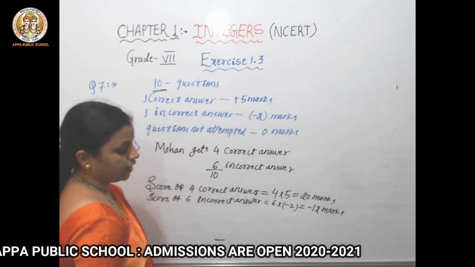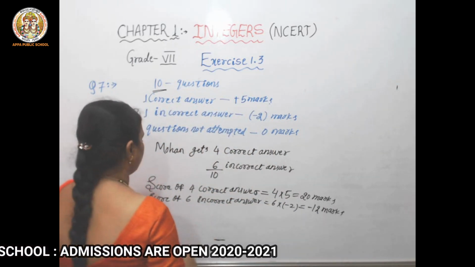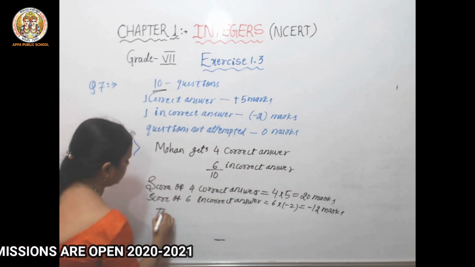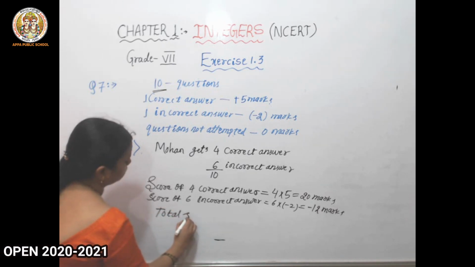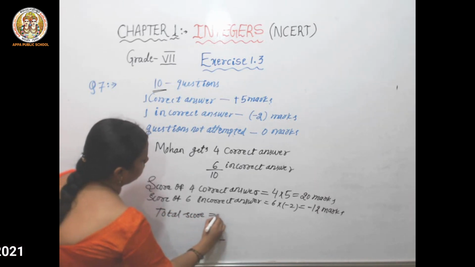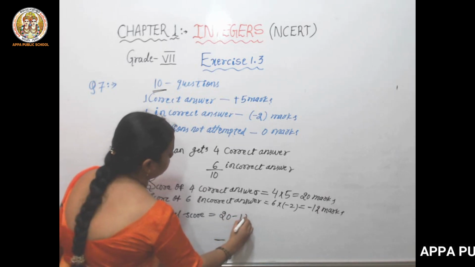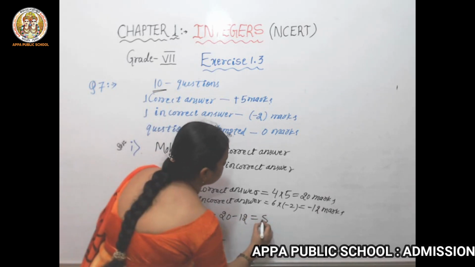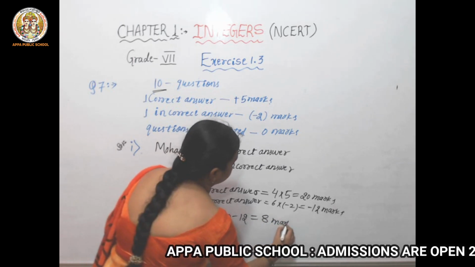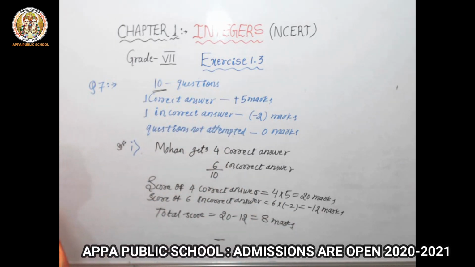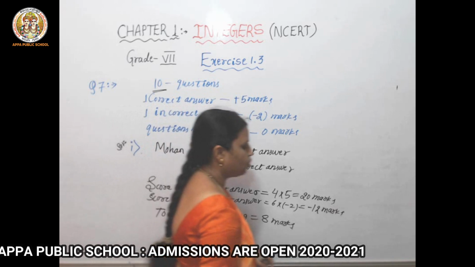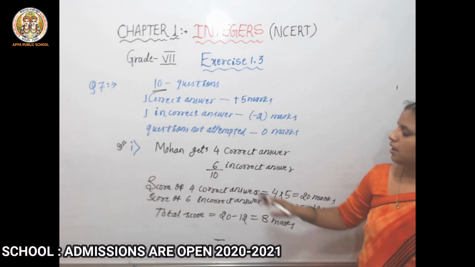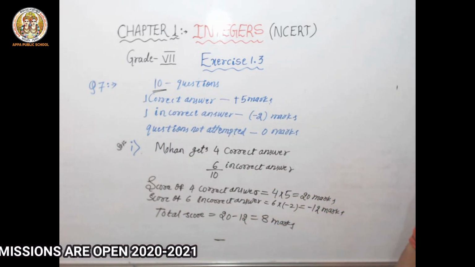Now you have to calculate the total score of Mohan. Total score is 20 minus 12, which is 8 marks. So the total score of Mohan is 8 marks.